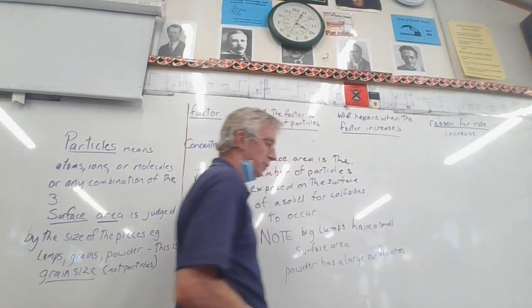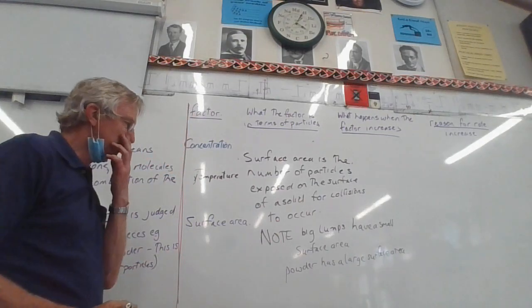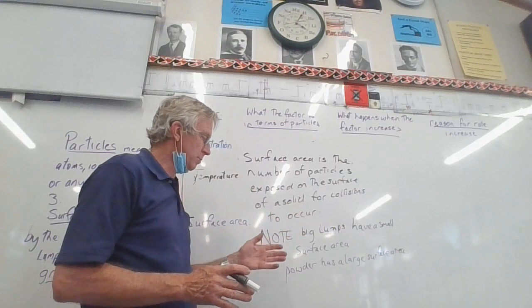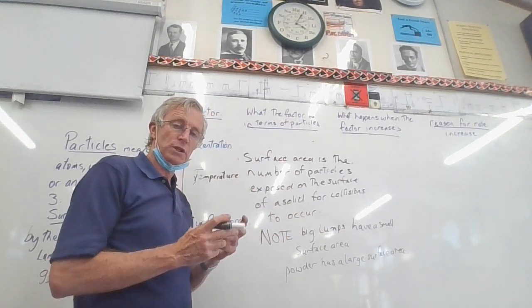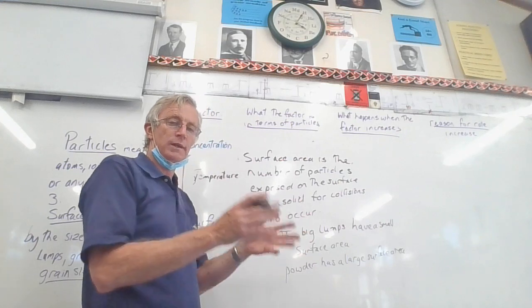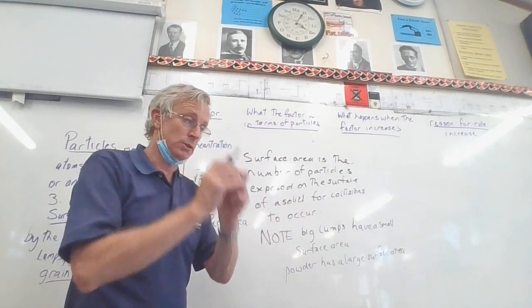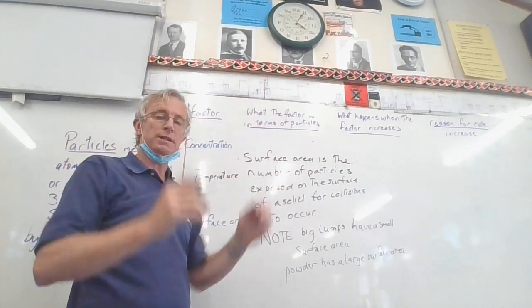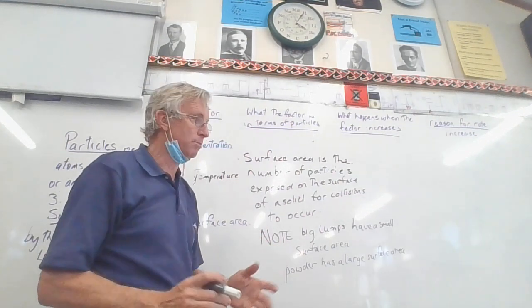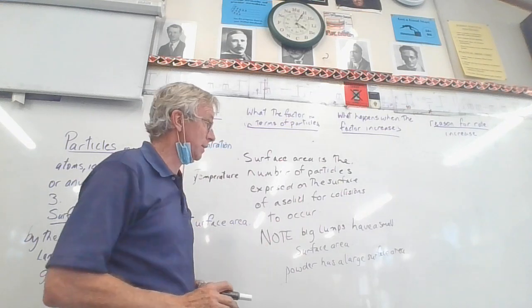So there's another thing that you have to remember: if you have, say, a kilogram in big lumps, it has a low surface area, but a kilogram of powder has a massive surface area. You put the lumps into something and they bubble away. You put the powder into something and it'll just fizz very quickly because of the massive surface area. So making smaller grains gives a bigger surface area.